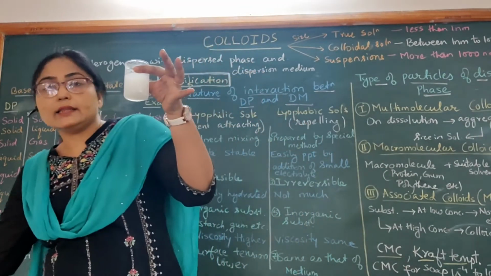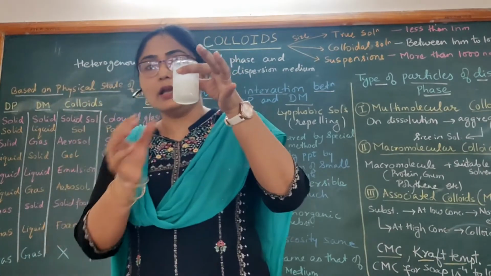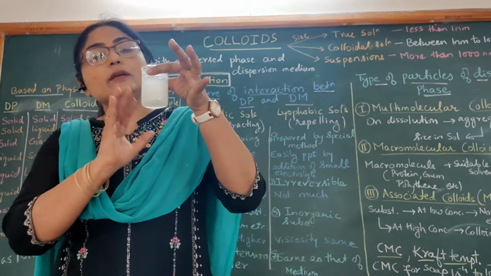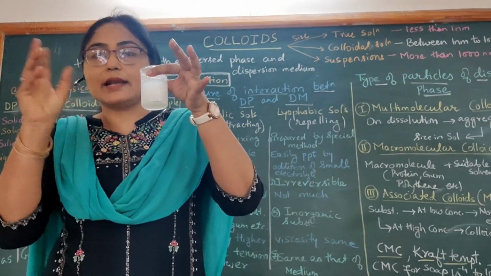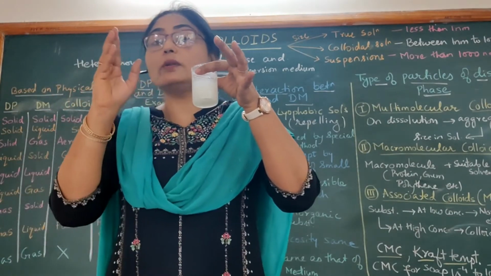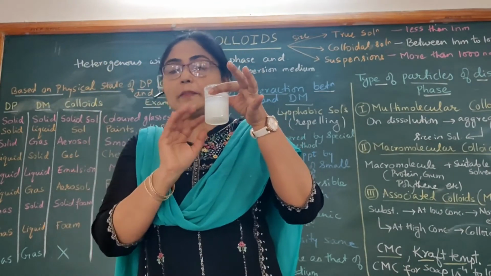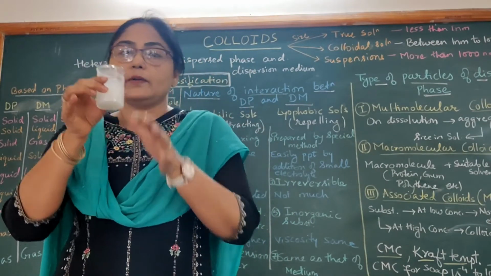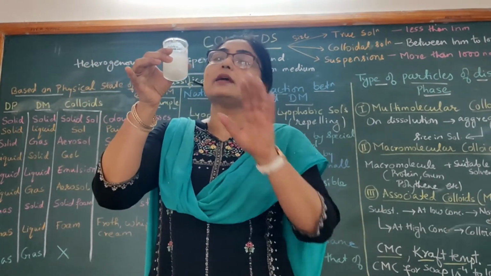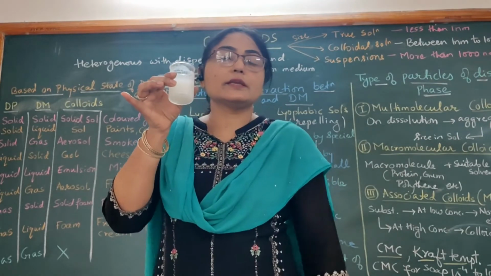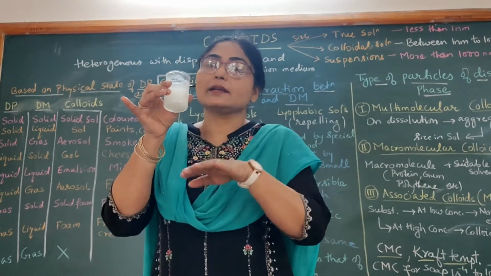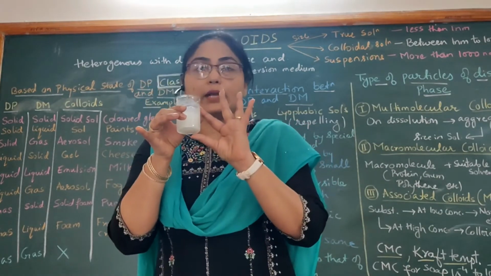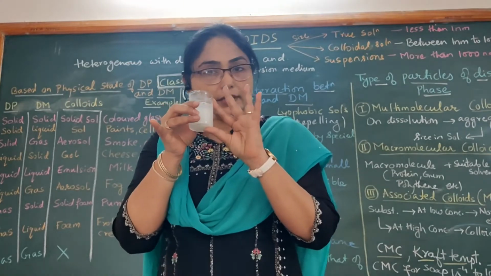You can see that this is a colloidal solution, and you cannot see a very clear solution as in a true solution. The particles are larger compared to a true solution, but they are not so large that they can get settled down. The particles are always suspended in the solution. This is a very stable solution, and they are not going to get settled down as we have seen in the case of a suspension.